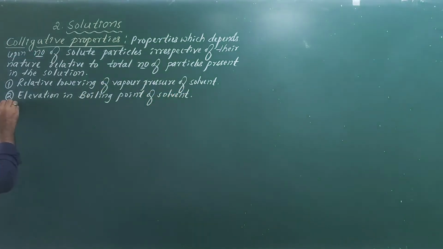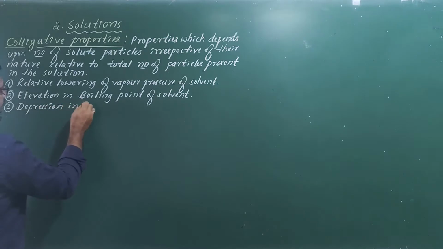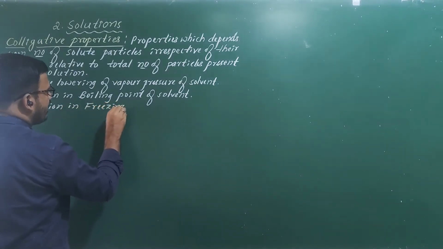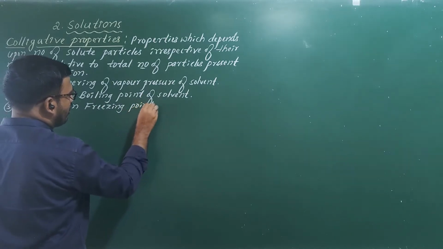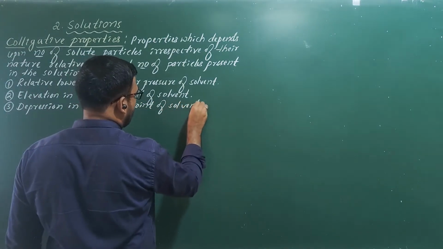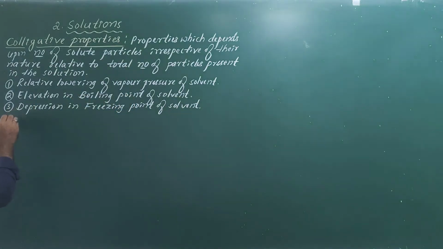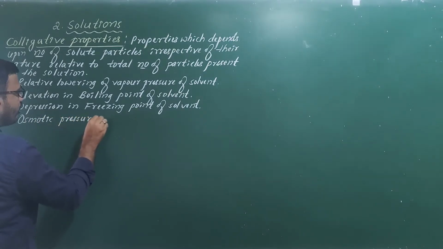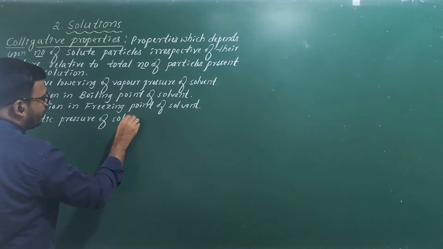The third property is depression in freezing point of solvent. The fourth colligative property is osmotic pressure of solution.